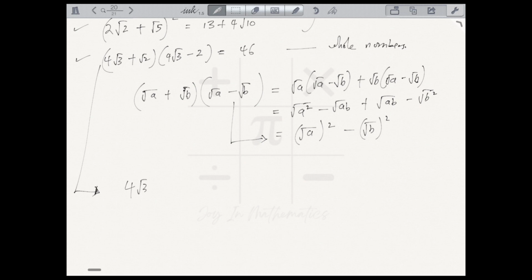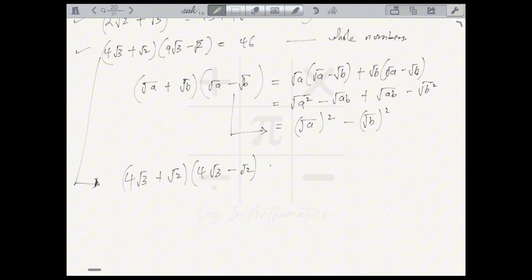So we have 4 root 3 plus root 2 being multiplied by 4 root 3 minus root 2. There should be a square root here. Now instead of opening the bracket like we did in the previous video, we can just say that this will give us 4 root 3 squared minus root 2 squared.